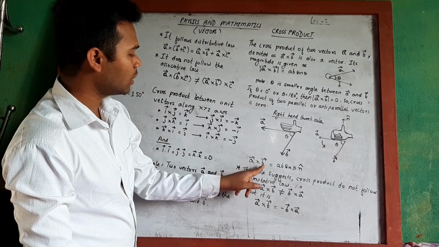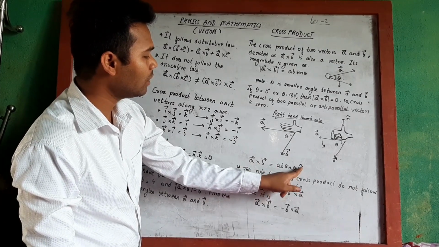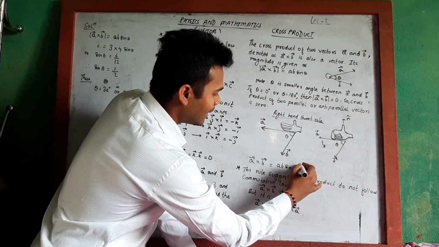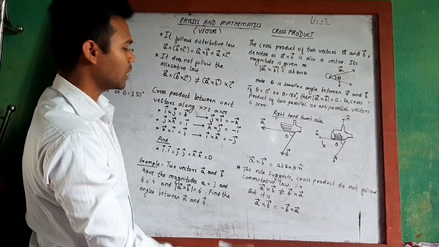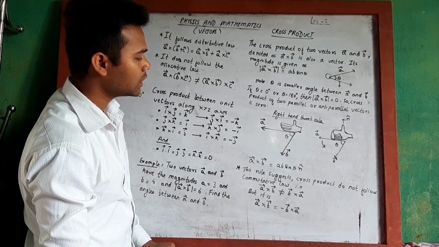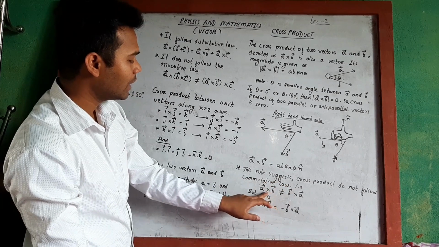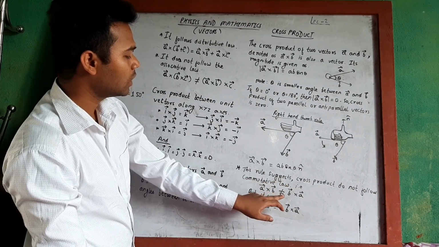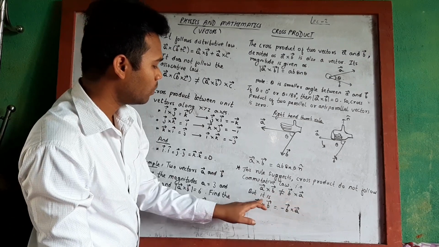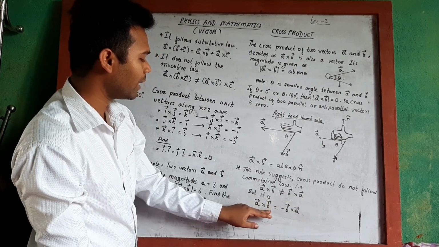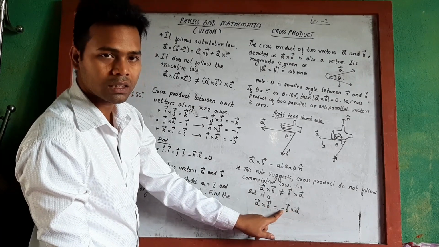Therefore a vector cross b vector is equal to ab sine theta n vector. Here n cap is the unit vector along the thumb. This rule suggests cross product does not follow the commutative law, that is a vector cross b vector doesn't equal b vector cross a vector, but a vector cross b vector is equal to b vector cross a vector with negative direction.